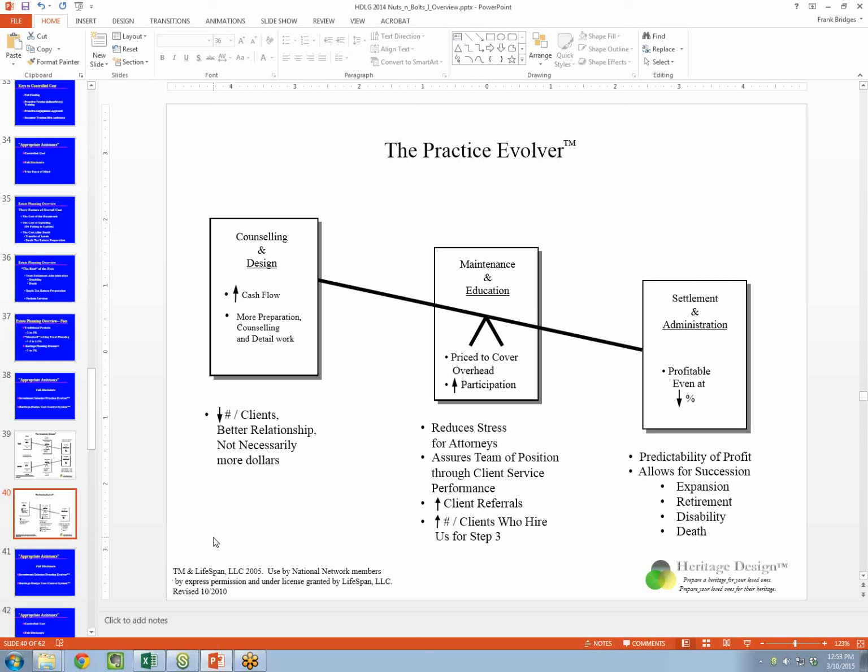Typically, it gives us more client referrals because we have a longer-term relationship with our clients, and the number of clients who hire us for the third step of the three-step strategy, in other words, estate settlement, is actually higher. After all, if people know that they're getting a fairly substantial discount on what their estate settlement is, why would they go anywhere else if they know the firm, if we know what the assets are and we know what's supposed to happen, and we've helped train?